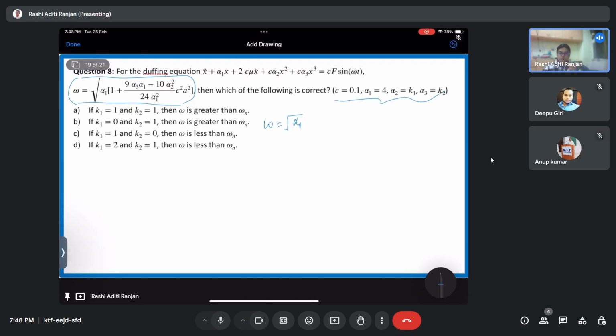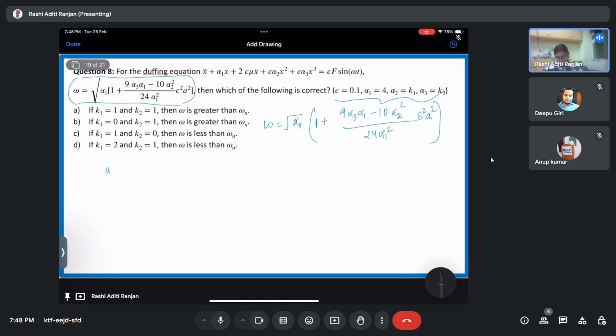The under root is just for alpha 1. Okay, this should be the proper equation, right? So alpha 1 is already 4.